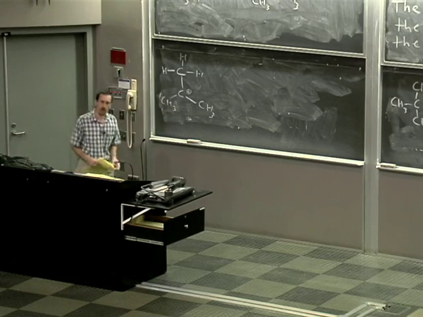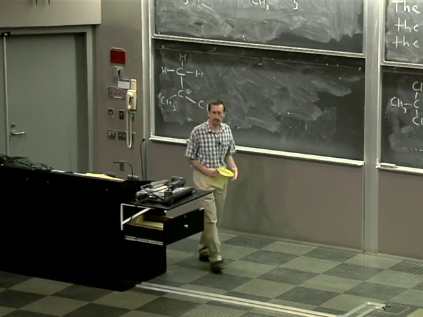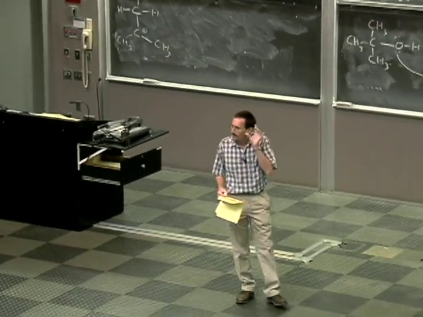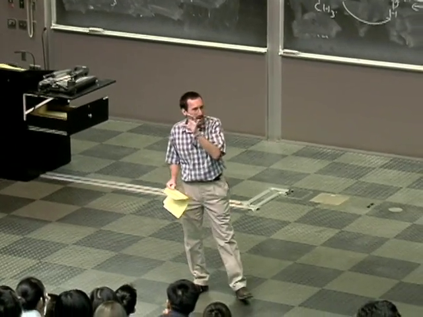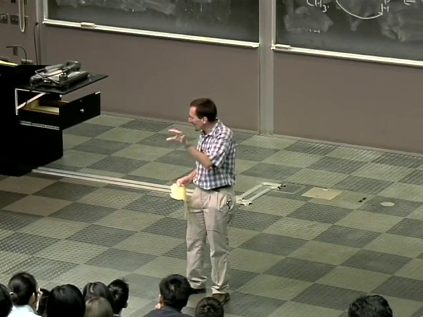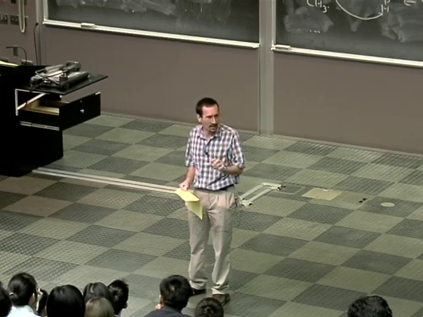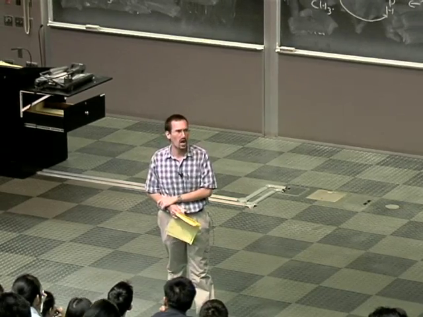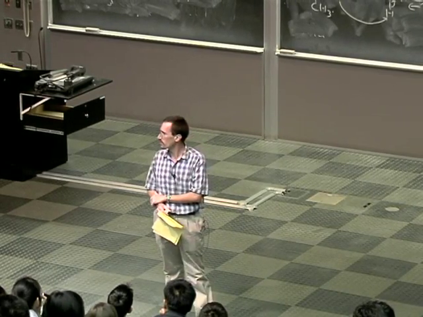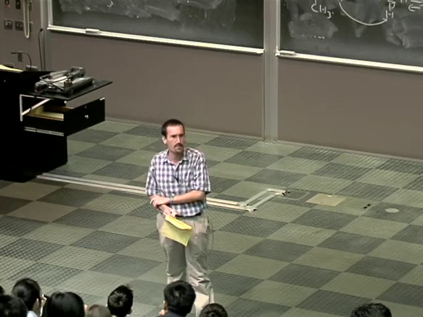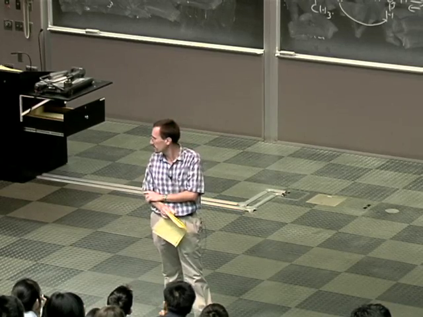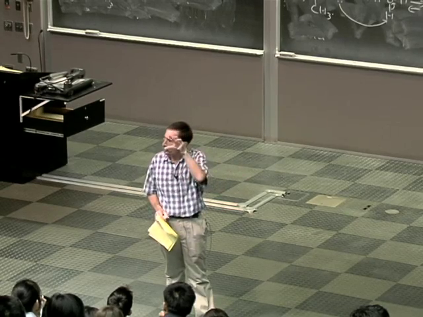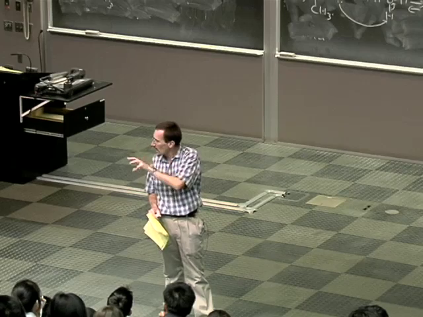Later on, you're going to learn about a concept called hyperconjugation, in which you will learn that that carbon atom can beg and borrow electrons in order to feel a little bit less unhappy. I introduced this concept when I talked about the methyl carbocation the other day, and I said, well, you're never going to see a methyl carbocation, they're really unstable, but if you have some more carbon atoms around there, those carbon atoms can donate electrons.